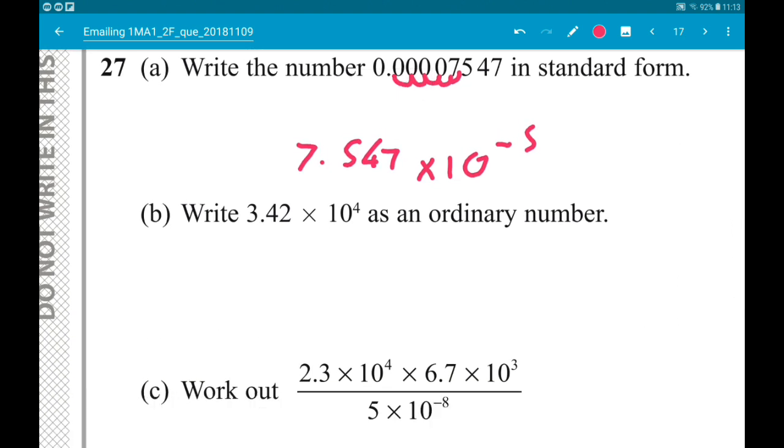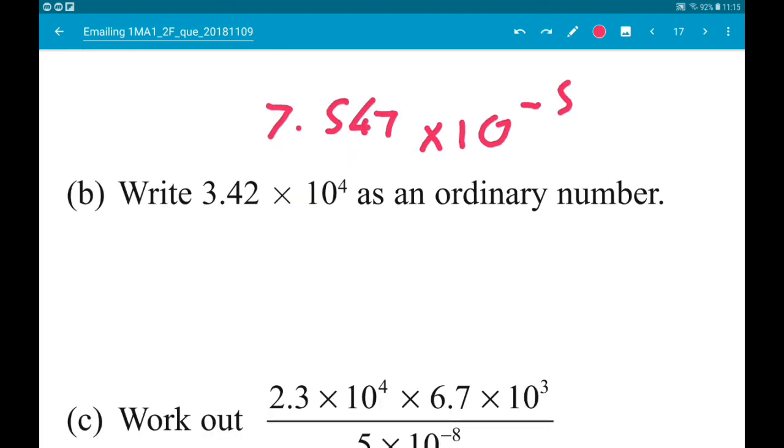Part B says to write 3.42 times 10 to the power 4 as an ordinary number. So with a positive power of 4 on the 10, the decimal point moves 4 places to the right.